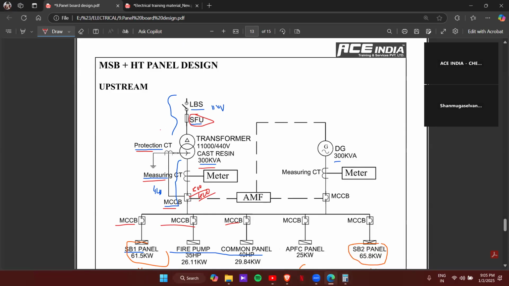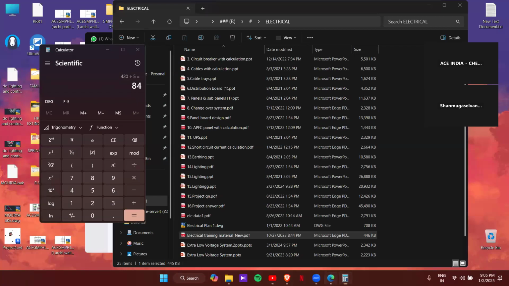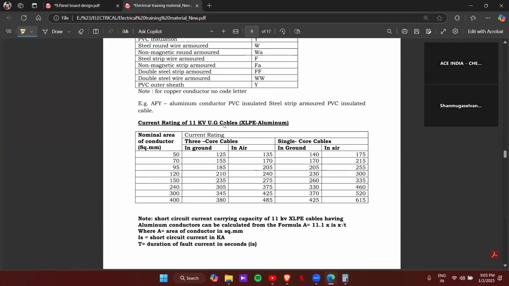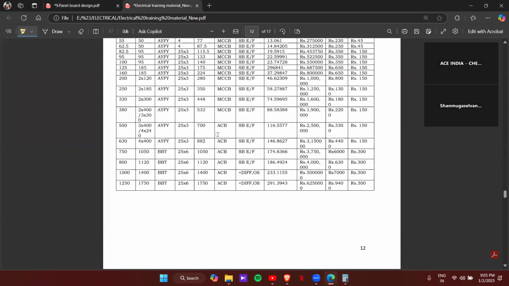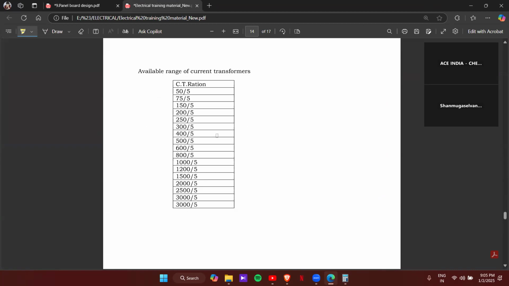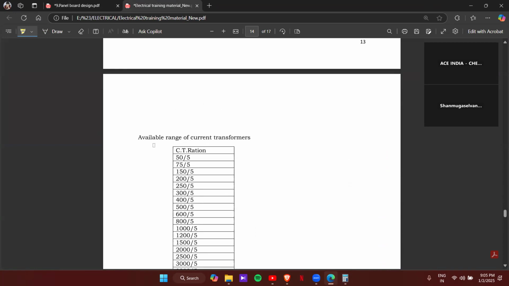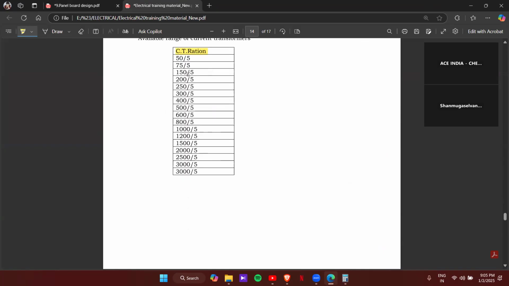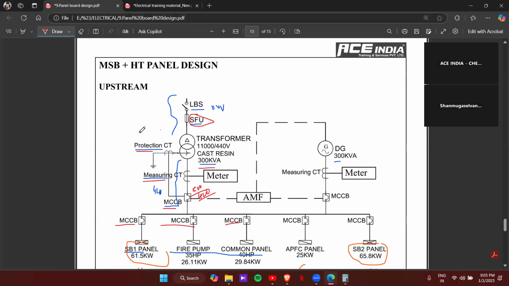And you can go to the table, page number 14, you can see the CT ratios. Okay, so after 84, the next available is 150. So 150 by 5 will be the rating of the protection CT. Here, the protection CT will be 150 by 5.